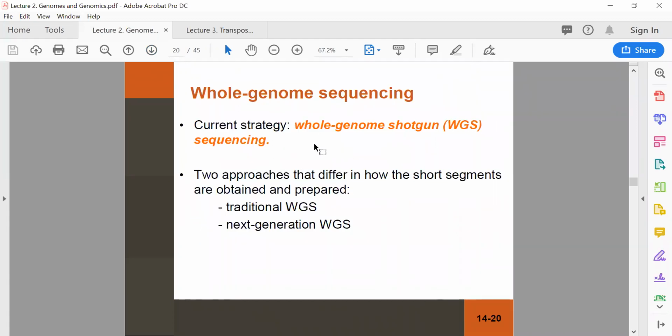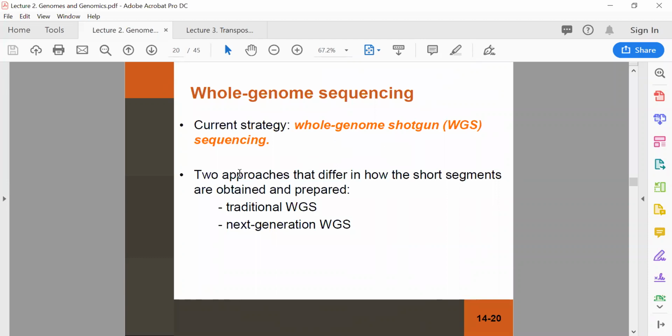The traditional WGS that was used to sequence the human genome relied on the cloning of DNA in microbial cells and employed the original Sanger dideoxy sequencing technique, which we won't describe here.